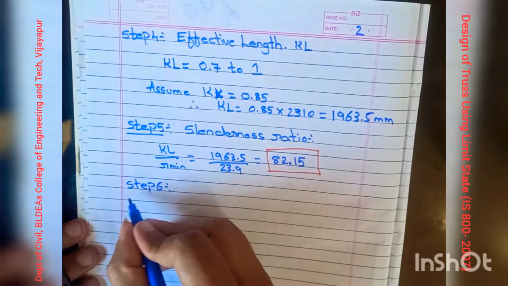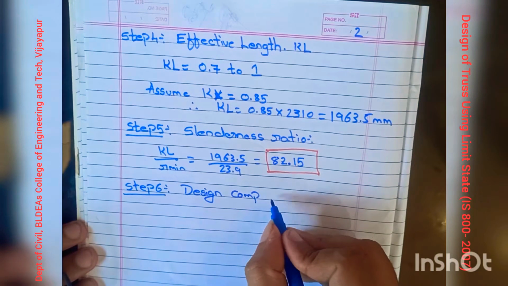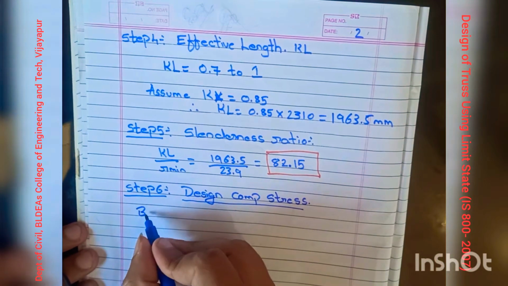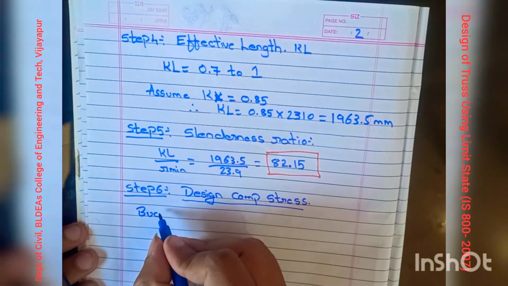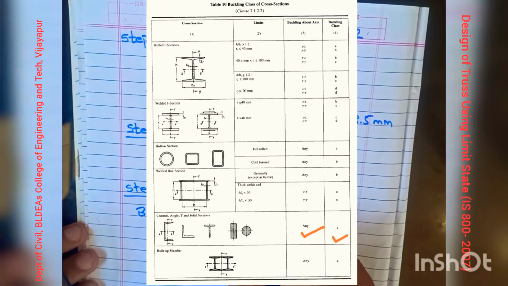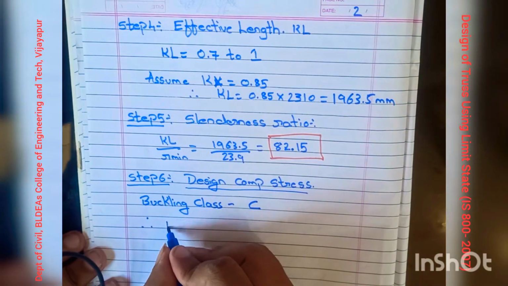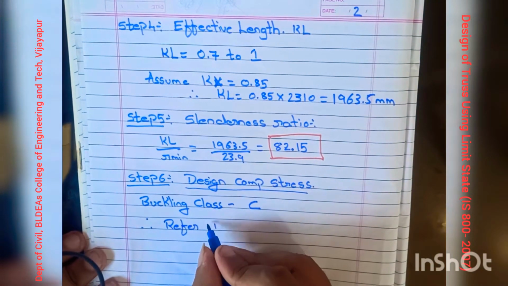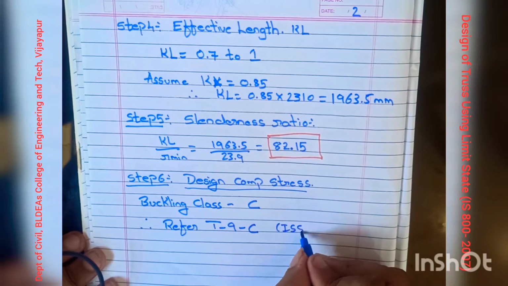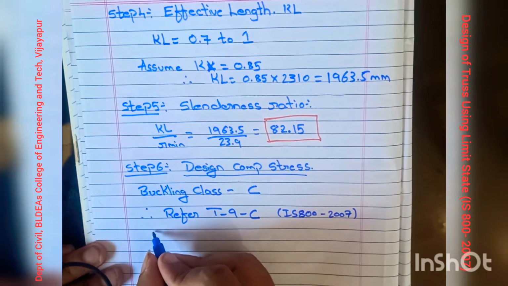So step 6, design compressive stress. For angles, as per IS 800/2007, the buckling class along any axis is C. So referring to table number 9C for buckling class C from IS 800/2007, we will get the value of FCD.